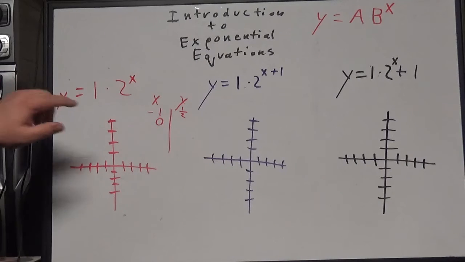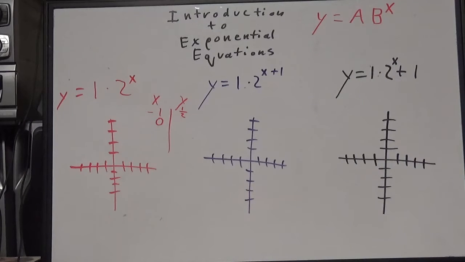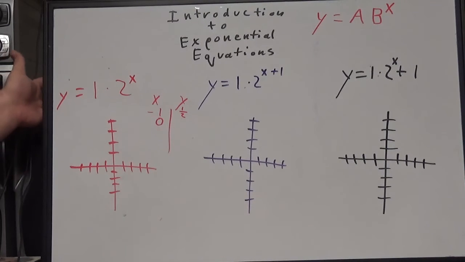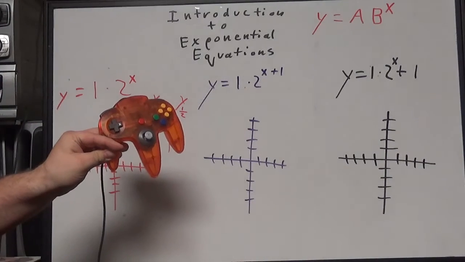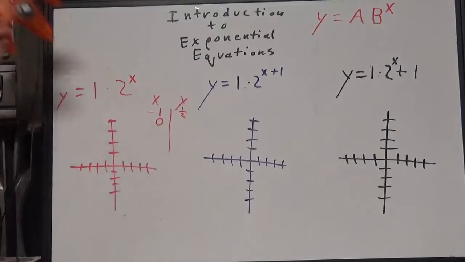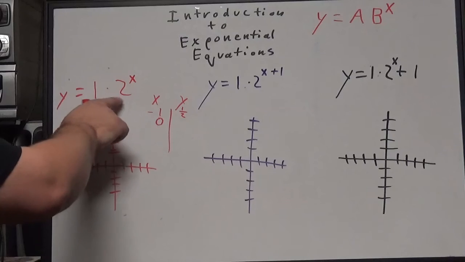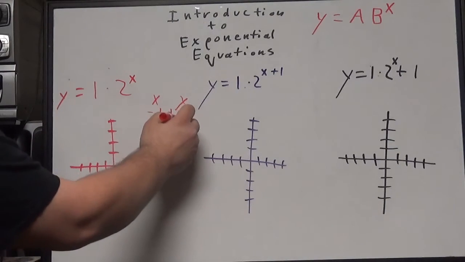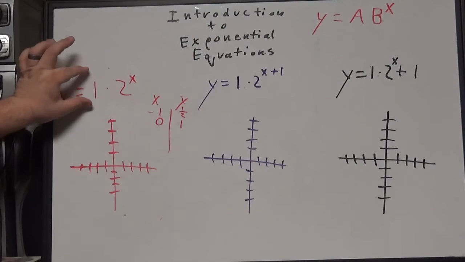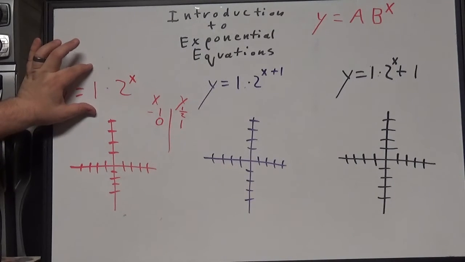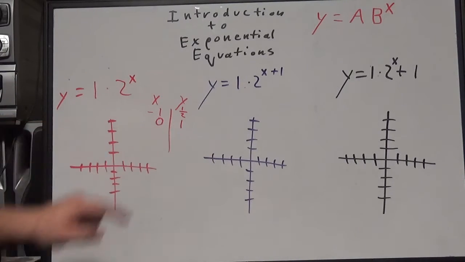And I often describe this as 2 to the power of 0 equals 1, 5 to the power of 0 equals 1, this Nintendo 64 controller to the power of 0 equals 1, just as an example. So this makes 1 times 1 is 1. And I want to point something out. Remember, this value is the y-intercept. Well, when x is 0, y is 1.